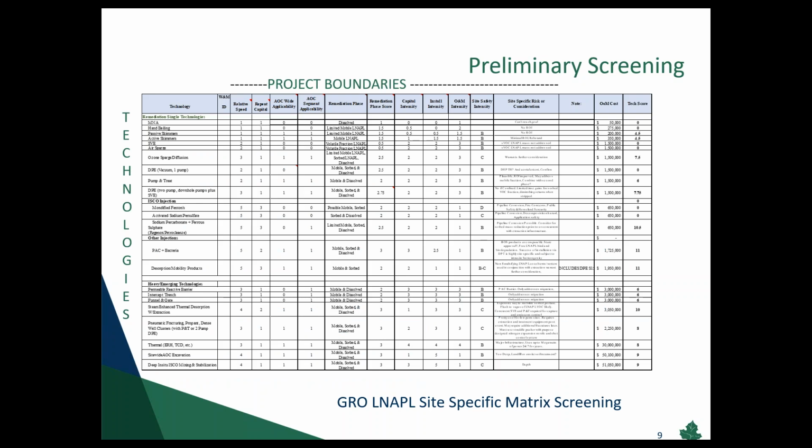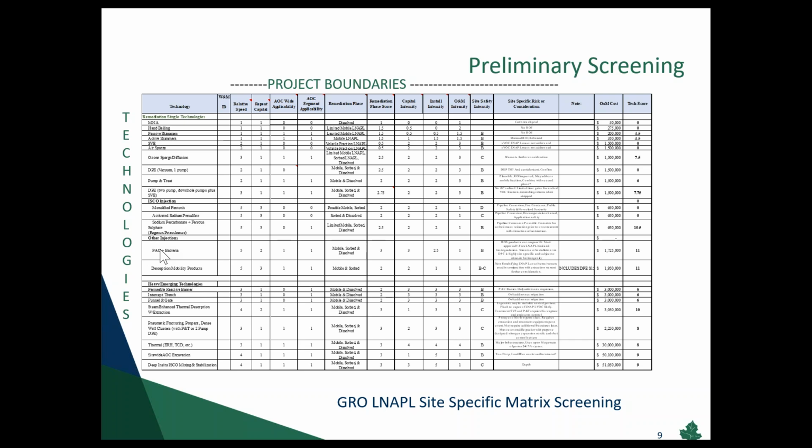So what are we looking at here? Yeah. This is kind of what a lot of practitioners are doing in their head, kind of on paper. This matrix was set up for a gasoline range LNAPL site, graded under site specific conditions. On the left side here, under technologies, we looked at pretty much all the available technologies that would be somewhat reasonably applicable to this type of release on this type of site.